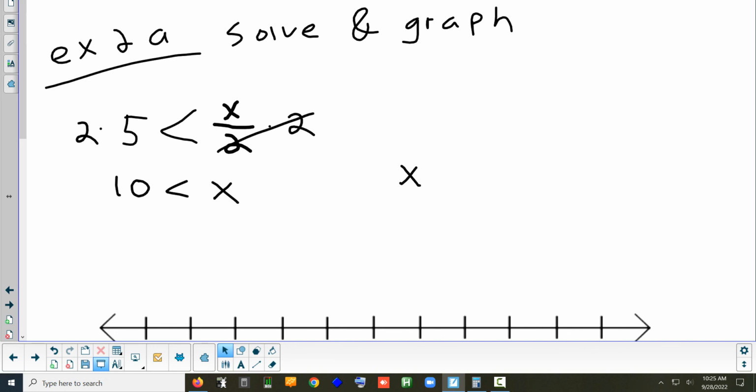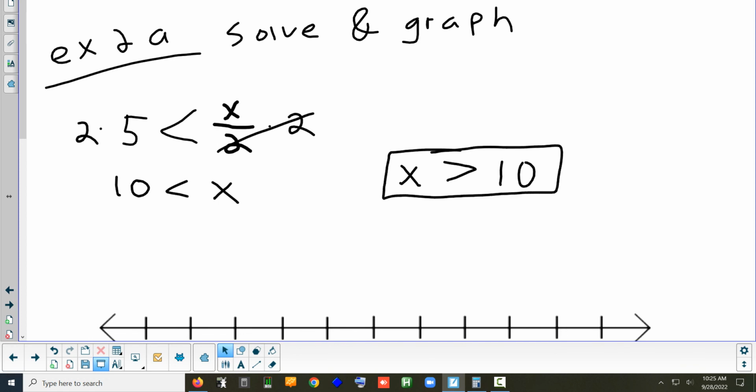So we would rather have the letter on the left and the number on the right, but it was pointing at the 10. So when we fix it, it still has to be pointing at the 10. And that is how you'd write your answer.